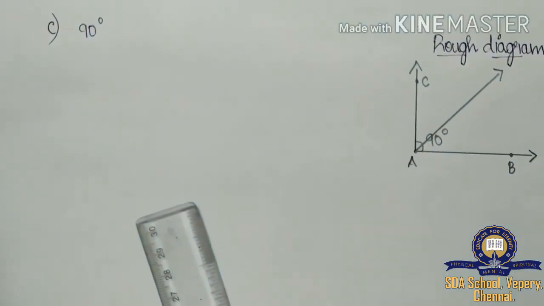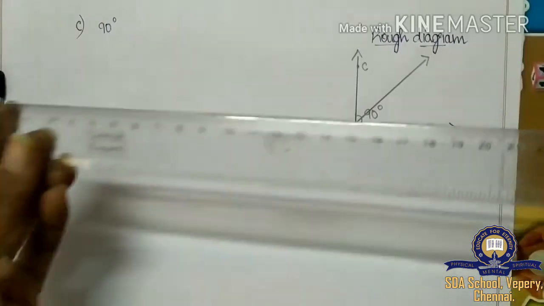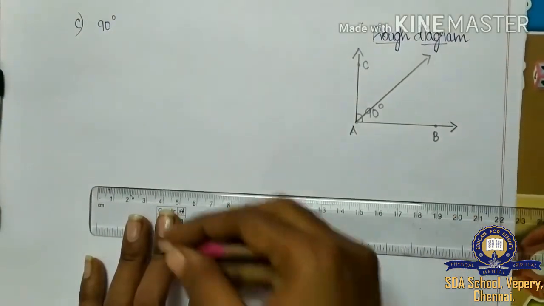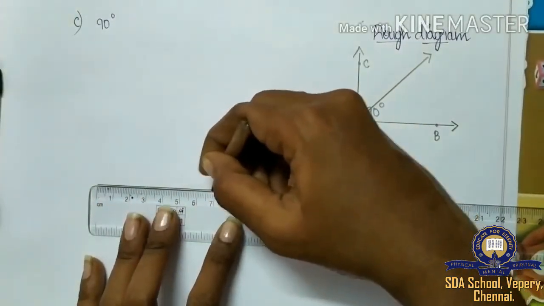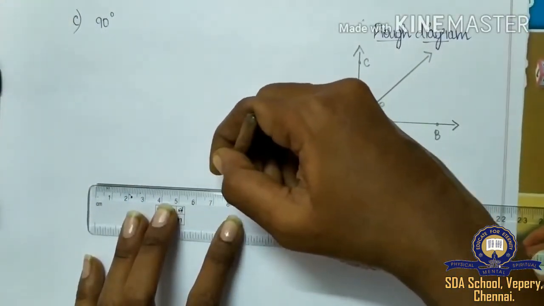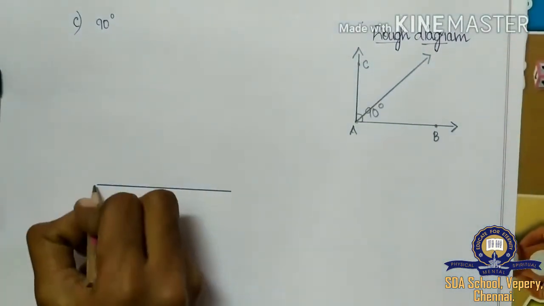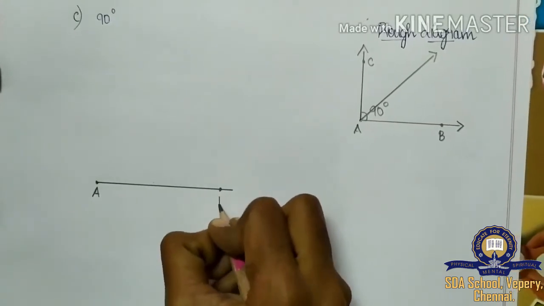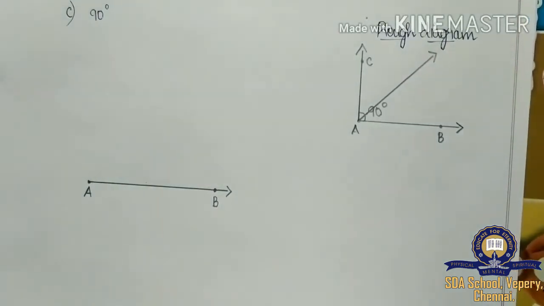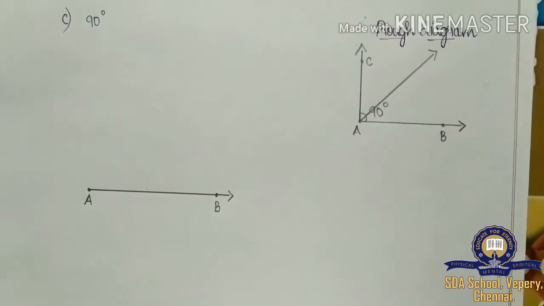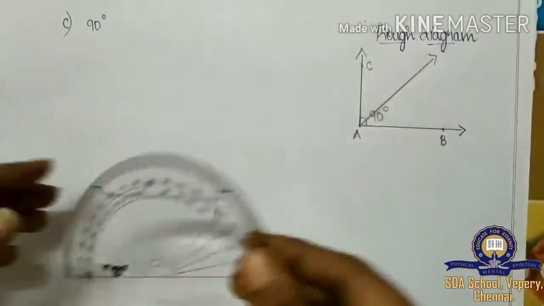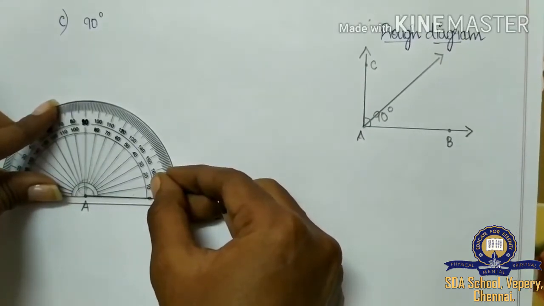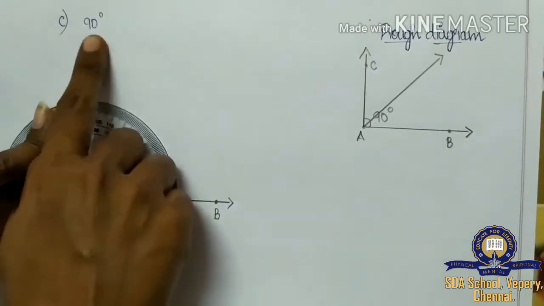Now we move on to our fair diagram. Take a scale and draw a line 7 centimeter and mark a point as A and B. Now take protractor, the given angle is 90 degree.